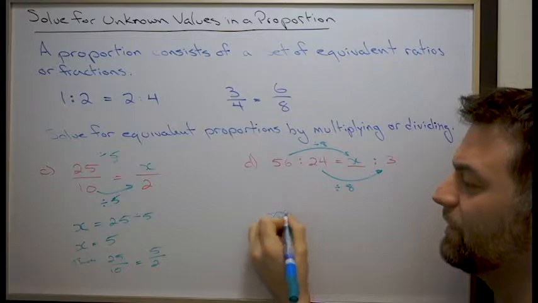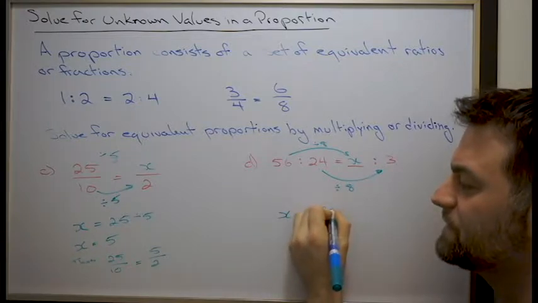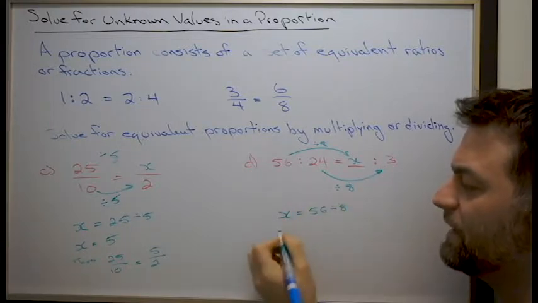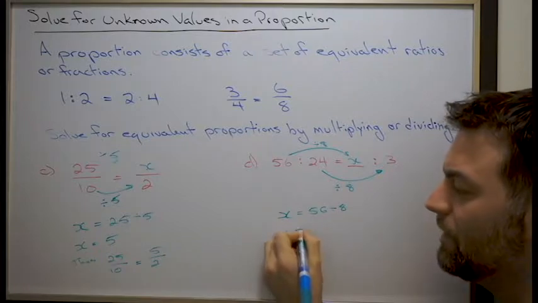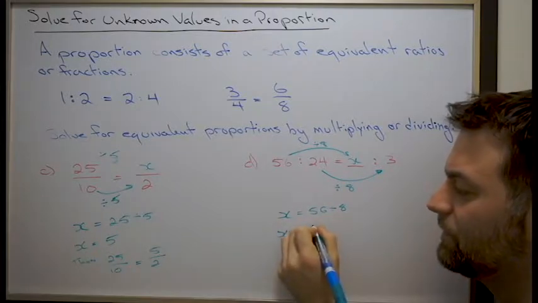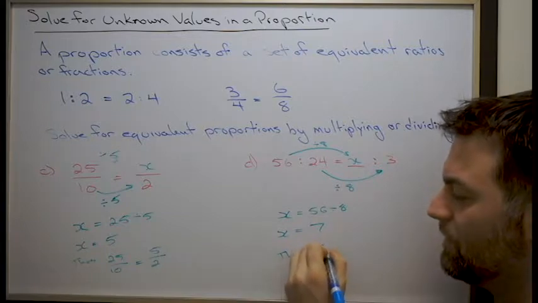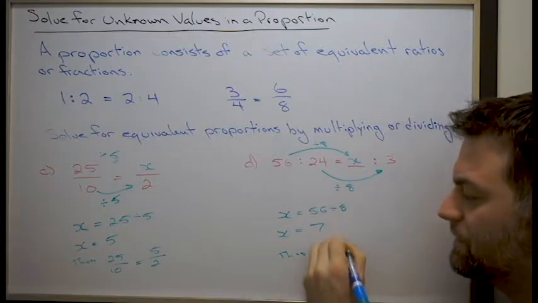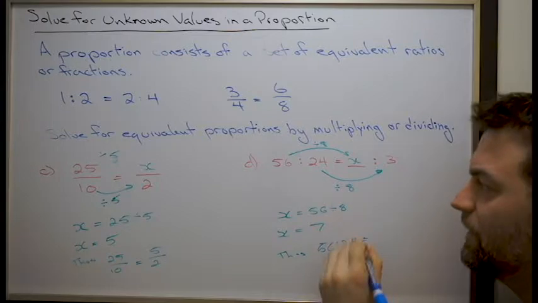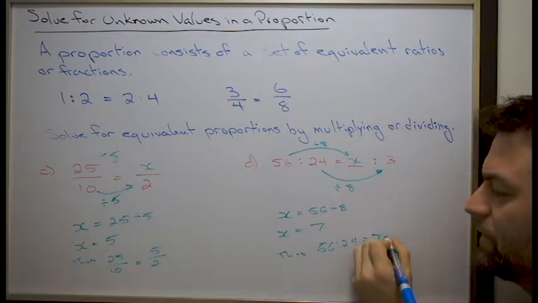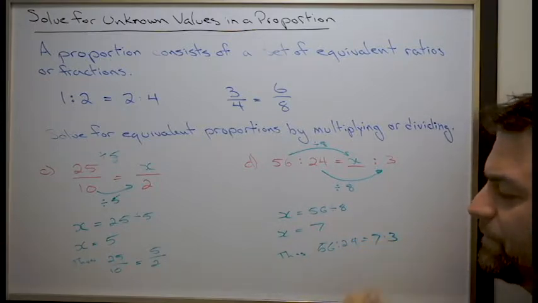So we're looking for x being 56 divided by 8. So x is equal to 7. Thus, 56 to 24 is equal to 7 to 3.